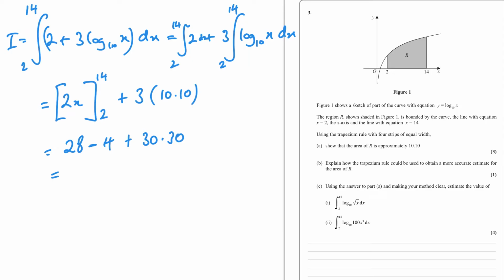And then it's just a matter of simplifying this to get 54.30 to 2 decimal places. Just sticking with how it was written in the question.